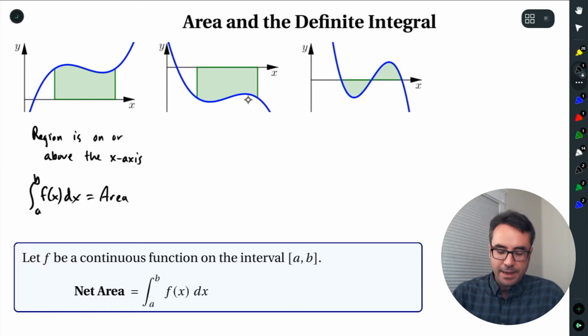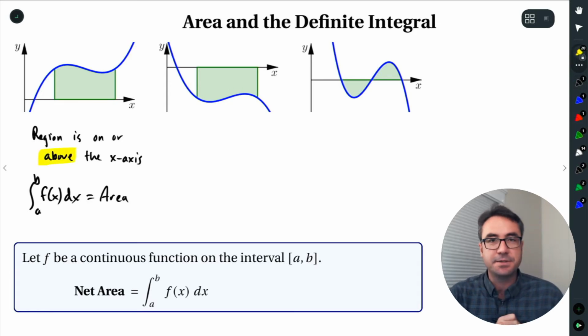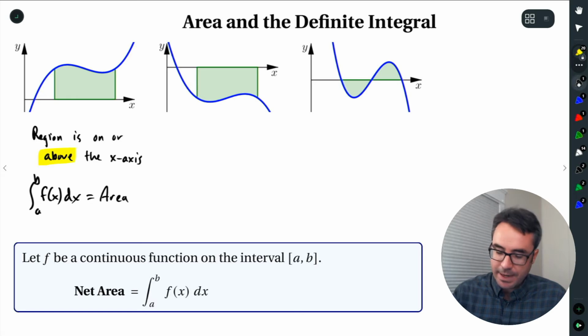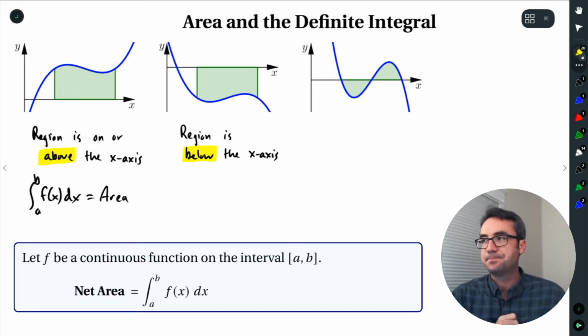Now what about if we have this region that's below the x-axis? So the key word here is above the x-axis. But what happens if our region is below? What does our definite integral actually calculate in that case? So the key word there is below.